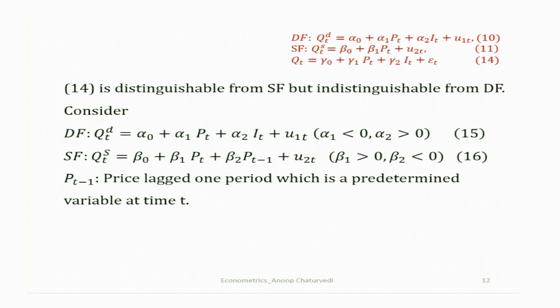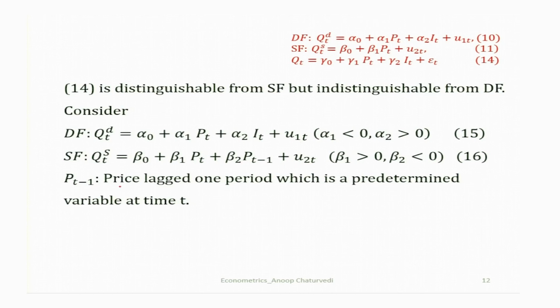Now, again we slightly modify the supply function. So, now your demand function is q t d is equal to alpha naught plus alpha 1 p t plus alpha 2 I t plus u 1 t, and supply function is q t s is equal to beta naught plus beta 1 p t plus beta 2 p t minus 1 plus u 2 t.